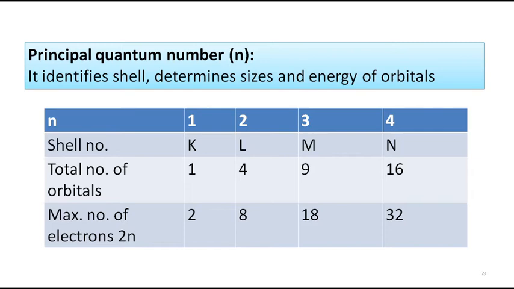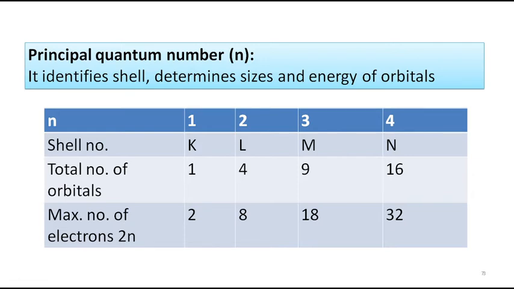So K contains only 1 orbital, means it contains only s orbital, and the L shell contains s and p, and M shell contains s, p and d, and this last N shell contains s, p, d and f.